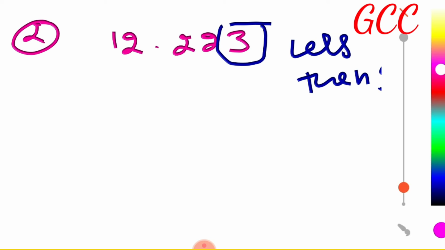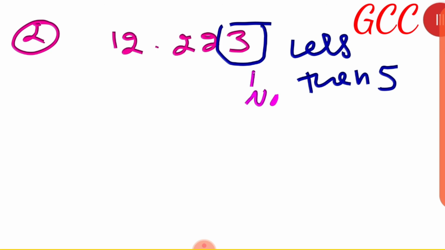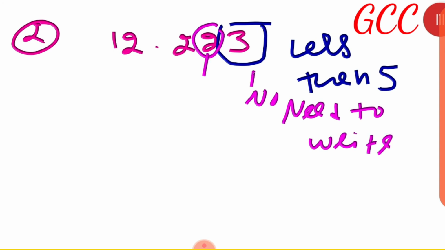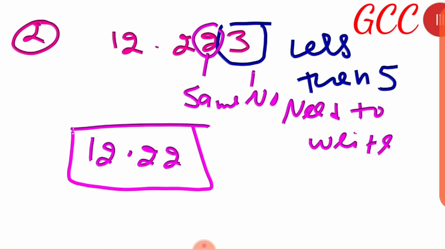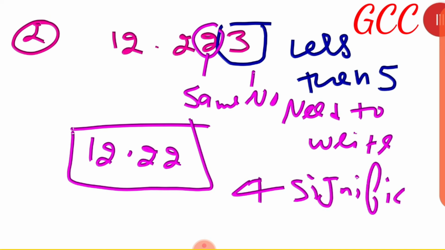We can drop this digit. No need to write this one. And the successive digits will remain the same. The answer will be 12.22. Is that clear? And there will be a total of 4 significant figures. Clear? Okay.